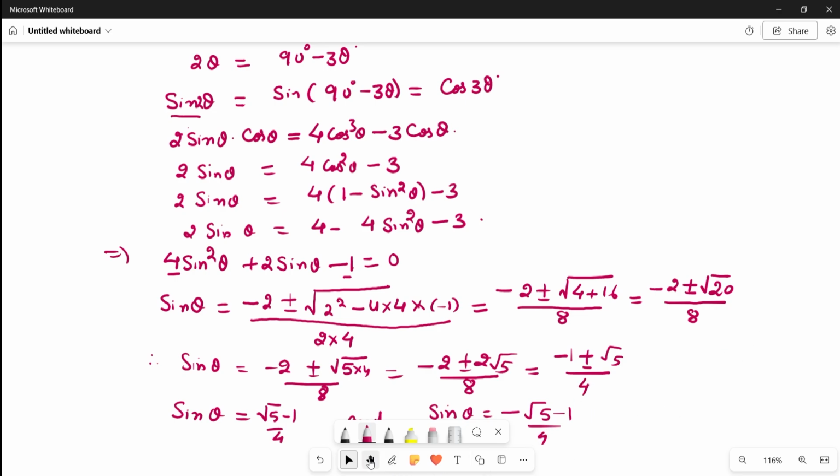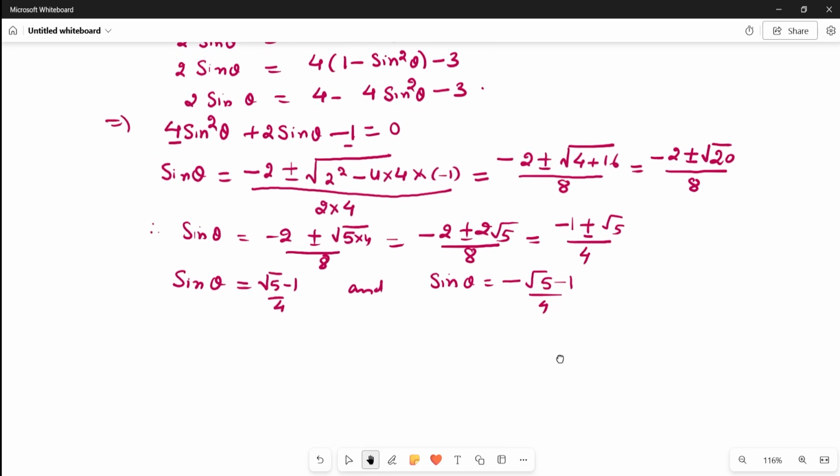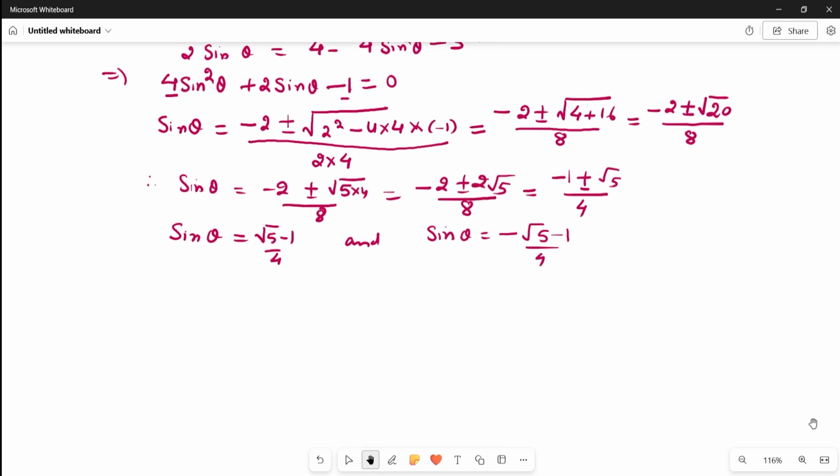So see here, the second value of sine theta is negative. We are to find the value where theta is 18 degree. Now sine 18 degree is equal to root 5 minus 1 upon 4, which is positive.